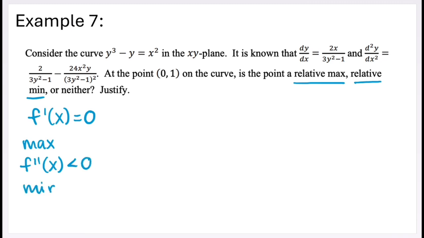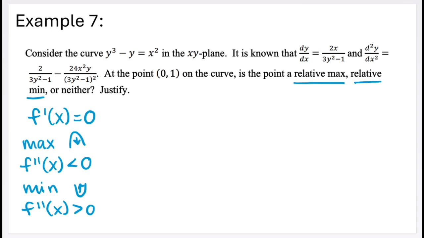And if it's a min, the second derivative has to be greater than 0, because max is opening down and min is opening up. So first, let's check the first derivative and see if we get 0. Because if we don't get 0, then we know it's not going to be either one of those. So let's go ahead and check the first derivative.